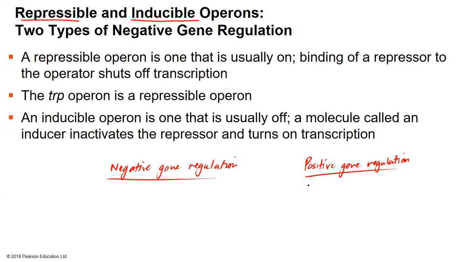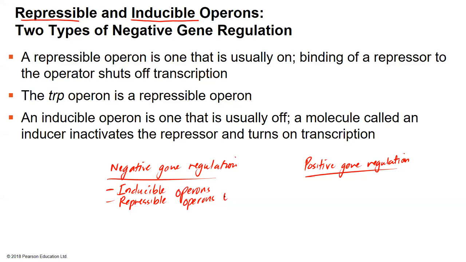In negative gene regulation, we have two kinds of operons: inducible operons and repressible operons.